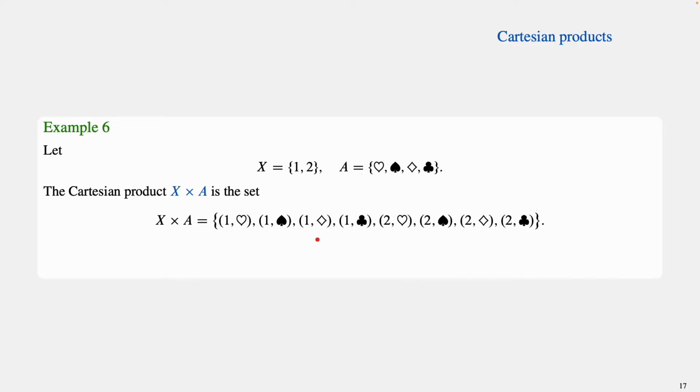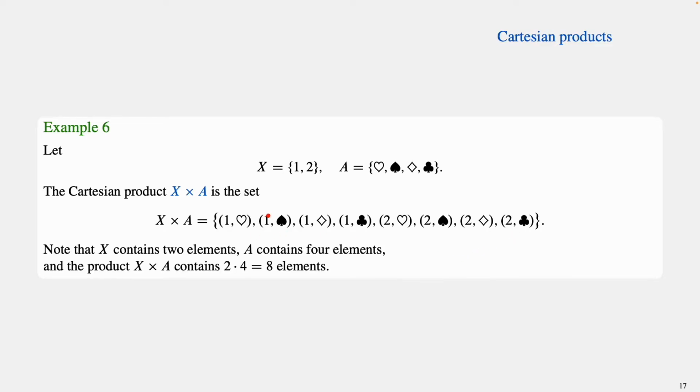And if you go through all possibilities, you get this set here. So the first pair has the entry 1 taken from X and the heart taken from A. Then again we have entry 1, and now we have spades taken from A, 1 and diamond, 1 and clubs. And then we have all the combinations that have the 1 in the first entry. Now we take the combinations that have the 2 in the first entry. And that is these ones here.